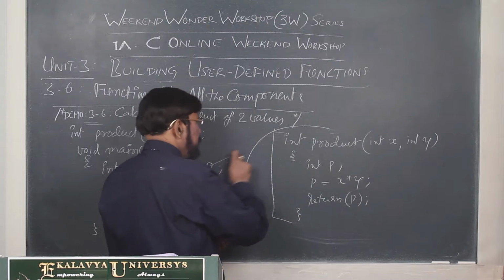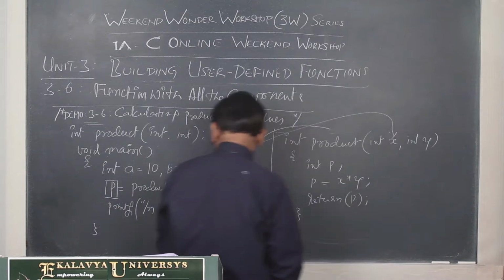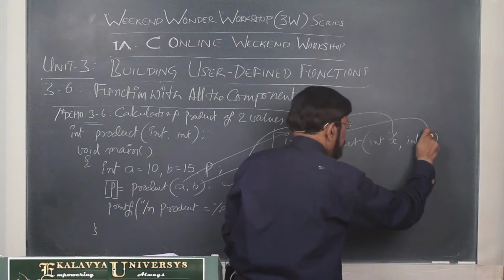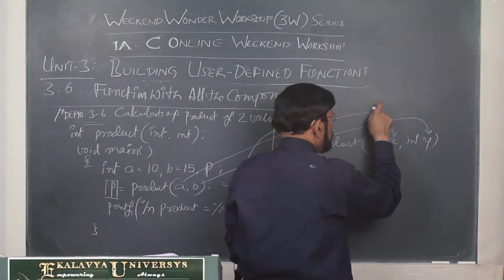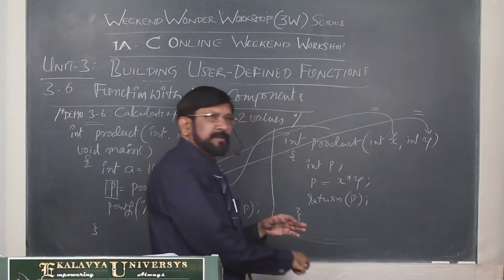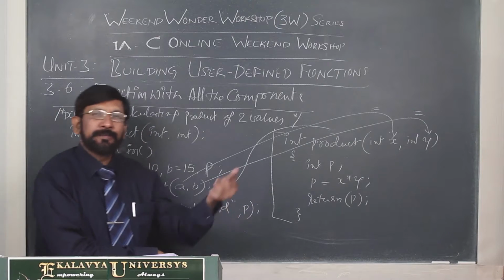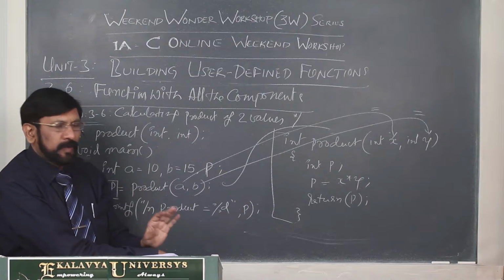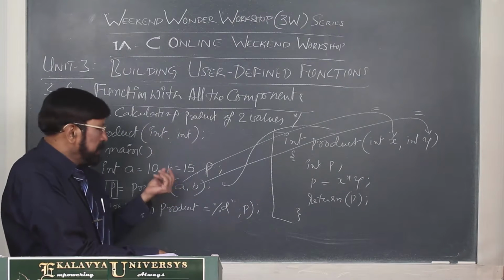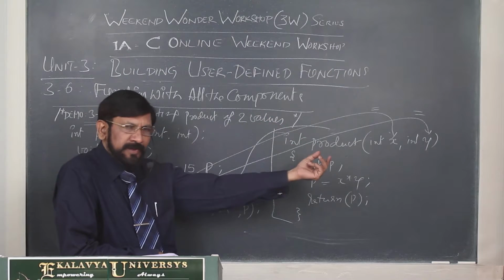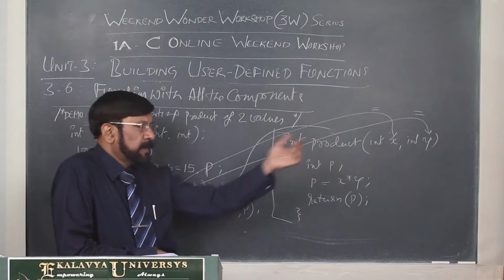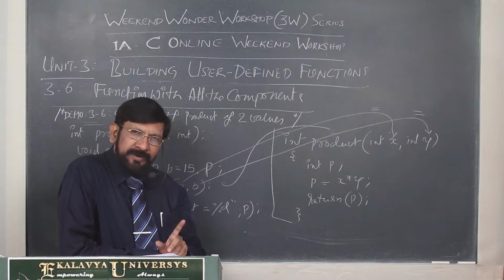It copies A's value into x, B's value into y. This is what I told you, invisible assignment. It is nothing but an assignment statement, but invisible assignment, what we call passing values. A's value is copied into x, B's value is copied into y. Understand that point.